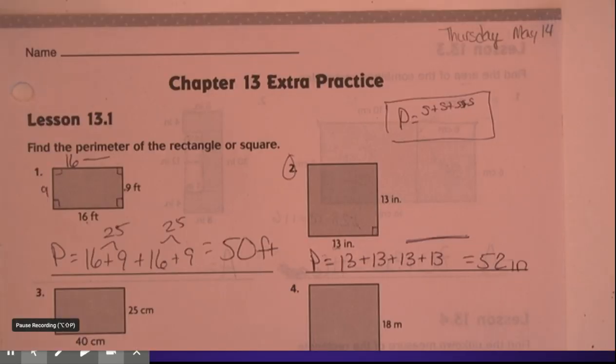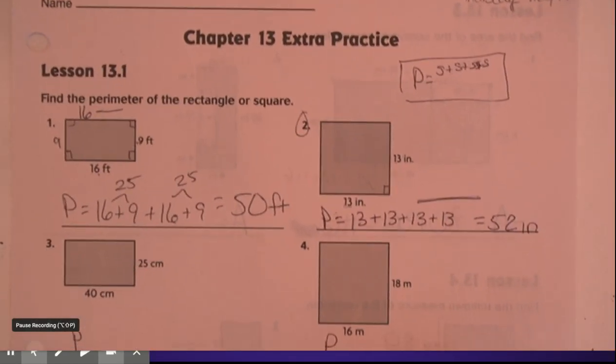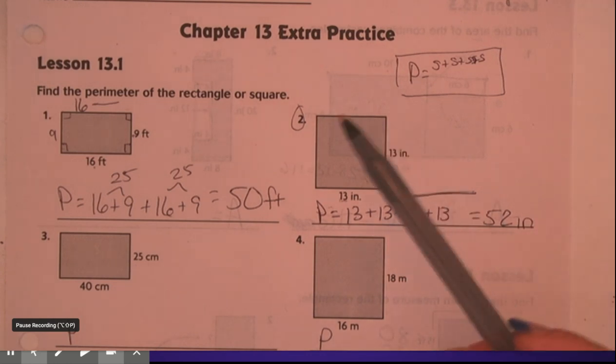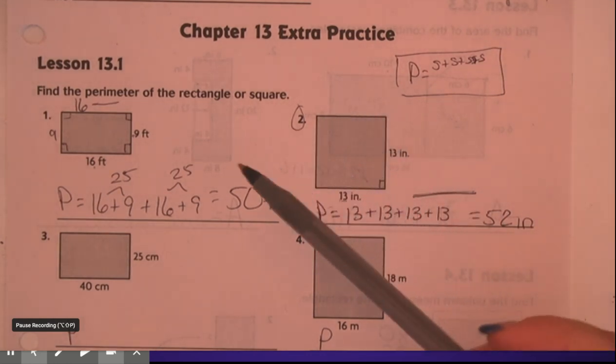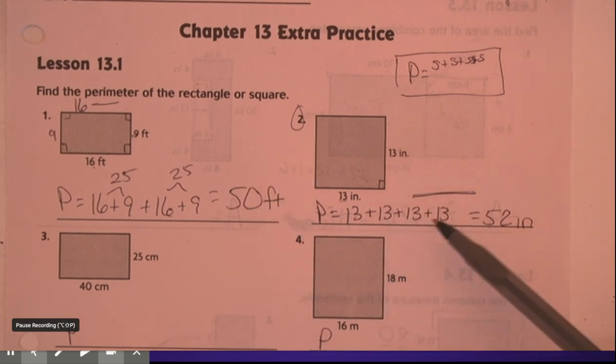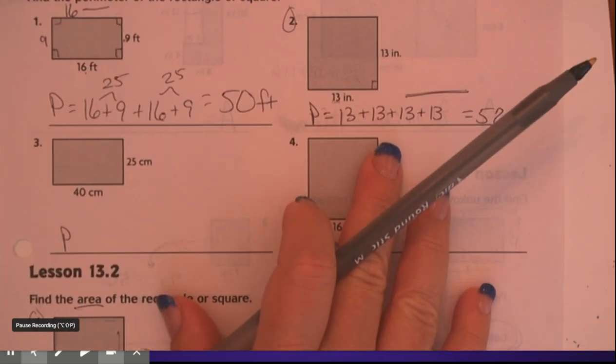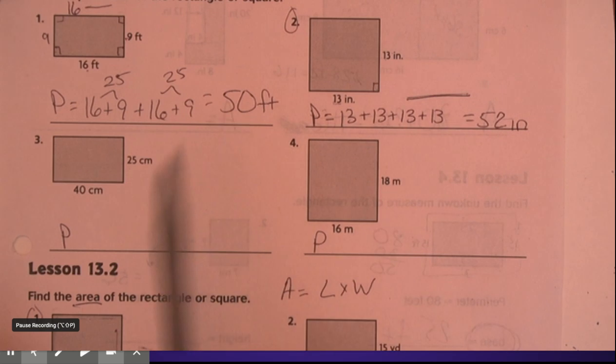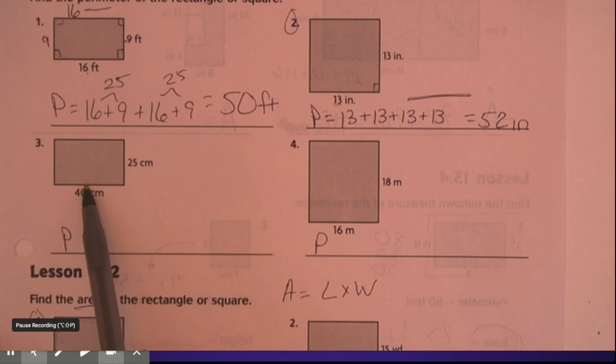So I am going to very quickly go over the only 6 problems you had to do yesterday. Well, you had to write the answers and just plug them in. So number 1 obviously was 50. 52 was number 2, and I gave you those. So perimeter is the distance around the outside of an object, and here you have a quadrilateral rectangular object.